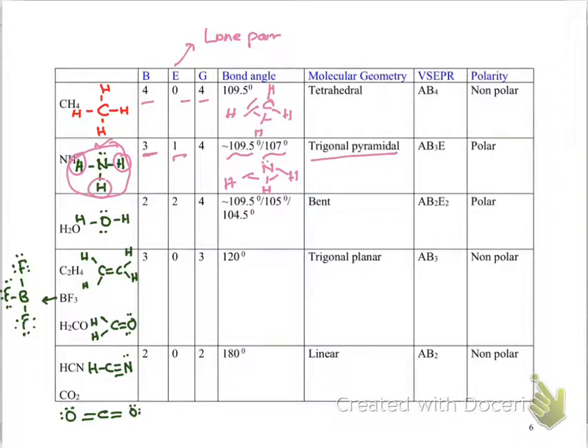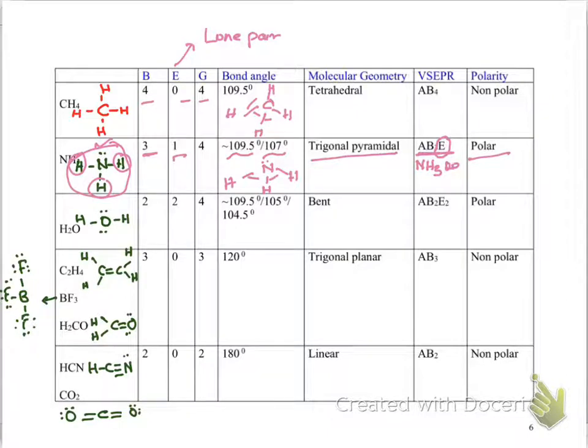Now we have one central atom, nitrogen, attached to 3 same atoms, 3 hydrogens, and E stands for lone pair, there is one lone pair on the central atom. If the VSEPR model is AB3E, then the molecule is polar.